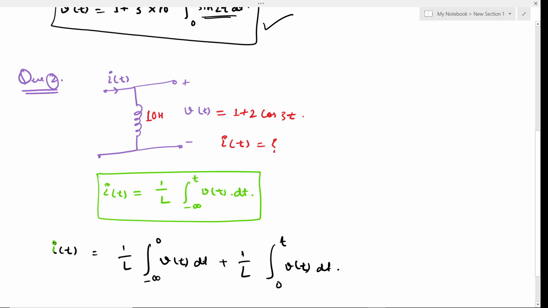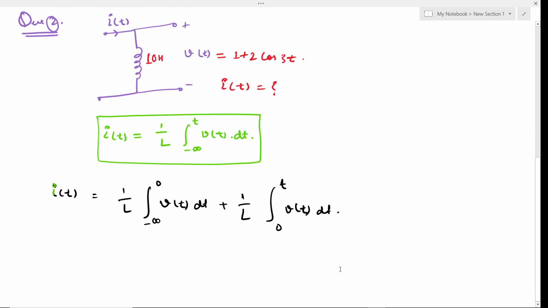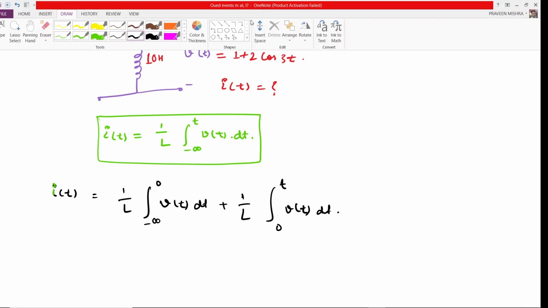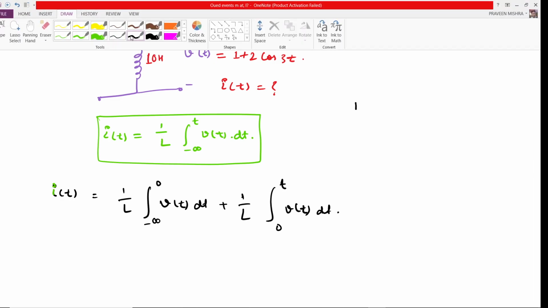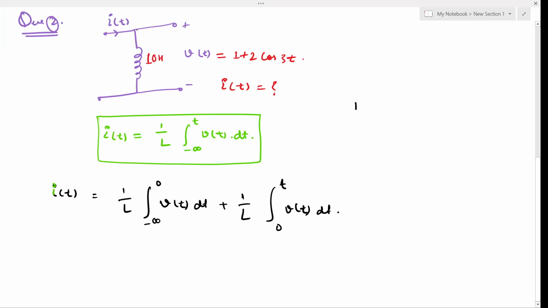So if we solve this, generally we use a few terms for an inductor.